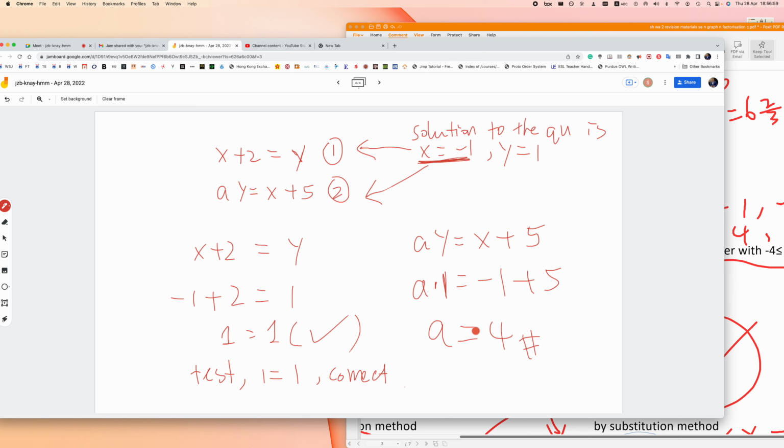So once your a is equal to 4, that means your second equation is, because a equals to 4, ma. Can you see a equals to 4? Yeah. So that's why your second equation is actually 4y equals to x plus 5. Are you clear?